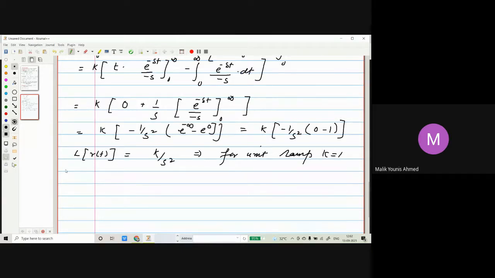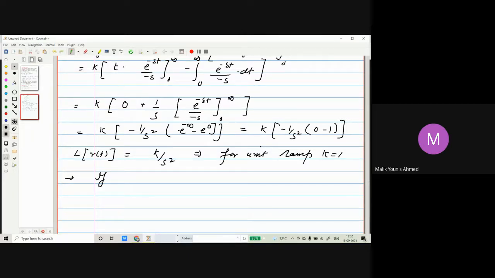If the inputs to the control system are generally changing functions, that is, if we have a function that is changing with respect to time at different instances, then it is better to use the ramp function as a test signal.